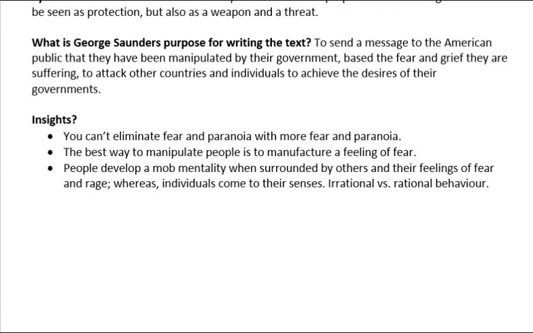Now that we've got our plan done, and we've looked at the author's purpose, the insights, and how we might break this down using the symbols, now we just need to start drafting. Obviously, the most obvious place to start with our drafting is the introduction. We have to understand what the purpose of an introduction is.